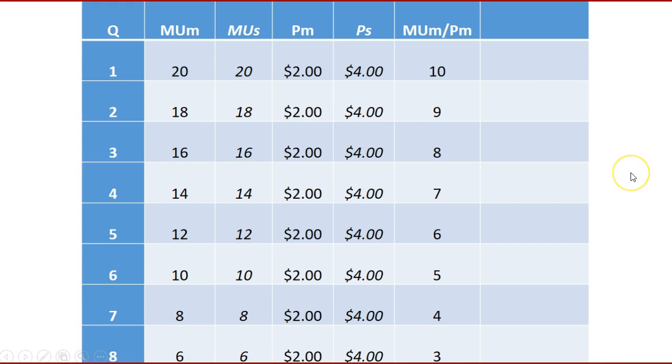Now we need to calculate the marginal utility per dollar for Snickers. We can see that the marginal utility from both Mars bars and Snickers is the same for every quantity. Because Snickers are more expensive, the amount of happiness you get per dollar is less compared to Mars bars.